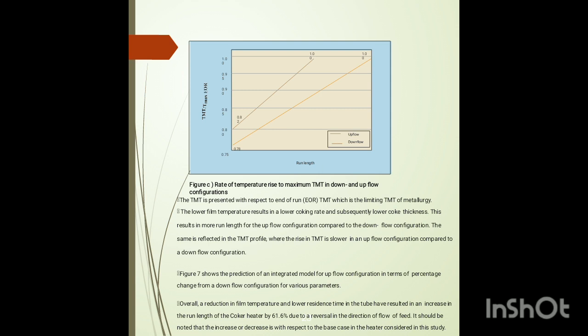Similarly, in figure C, we are comparing the rate of temperature rise to maximum TMT in downflow and upflow configurations. The same is reflected in the TMT profile, where the rise in TMT is lower in an upflow configuration compared to the downflow configuration. It should be noted that the increase or decrease is with respect to the baseline heater considered in this study.